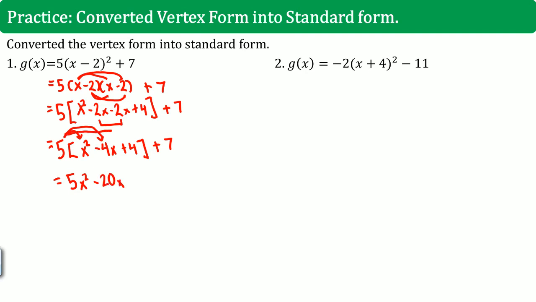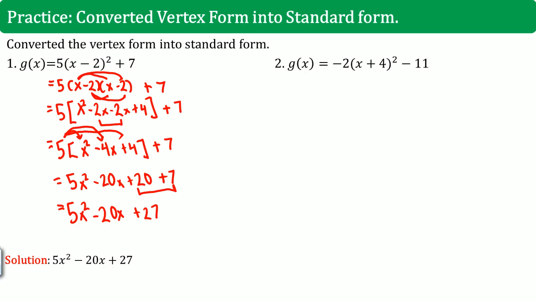Then 5 times 4 becomes 20. Then you have the plus 7 at the end. Now these two are like terms, so this becomes 5x squared minus 20x plus 27. Check your answer. That is correct.